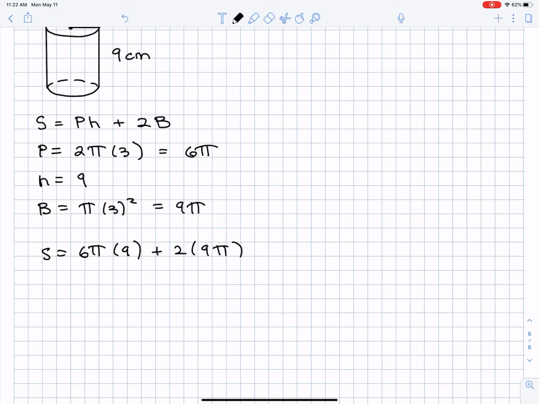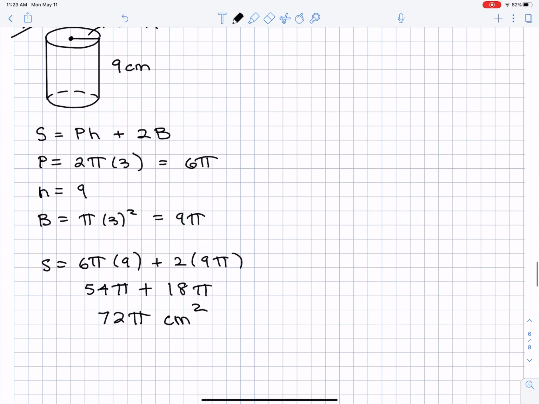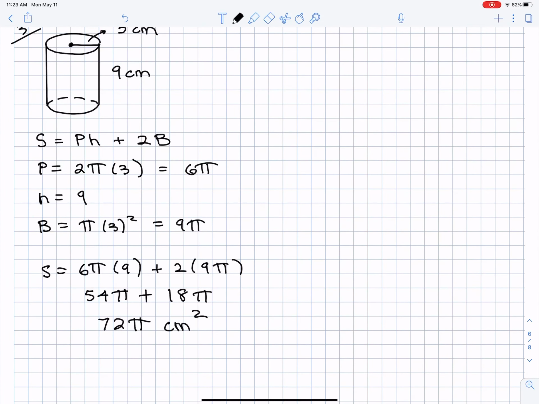Doing the math, 6 times 9 is 54, so 54 pi plus 18 pi. That's going to be 72 pi, and our units, of course, are centimeters squared. Okay? And that's all there is to finding the surface area of cylinders. Very similar to what we did with prisms.